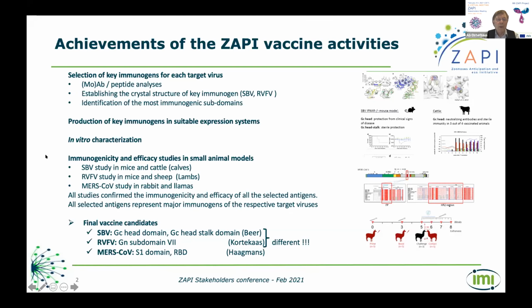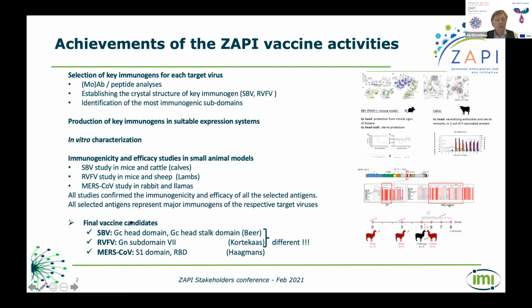And that was done for the 3 viruses that we had selected initially, and we could not have guessed that especially the coronavirus would become so important in all these studies. All the studies confirmed the immunogenicity and efficacy of the selected antigens, and all the selected antigens represent major immunogens of the respective target viruses.